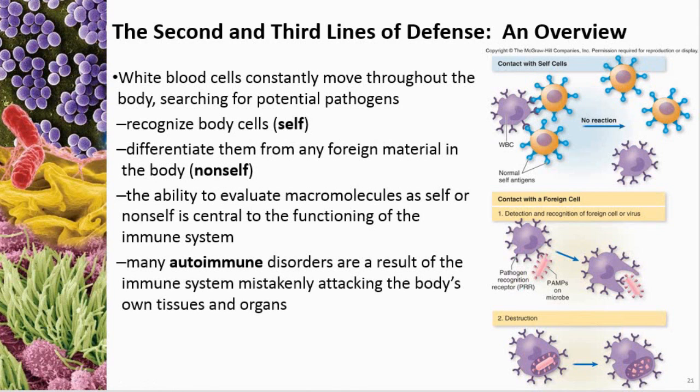Now, a problem that can occur regarding all of this are these things called autoimmune diseases. Auto means self, and what that means is you get immunity against yourself. In other words, you attack your own tissues, and that's just because of a breakdown of the recognition.